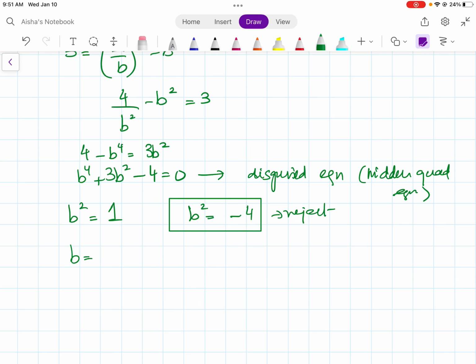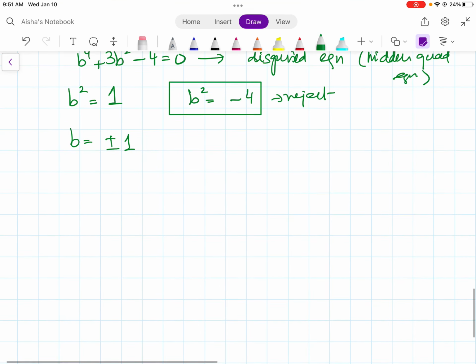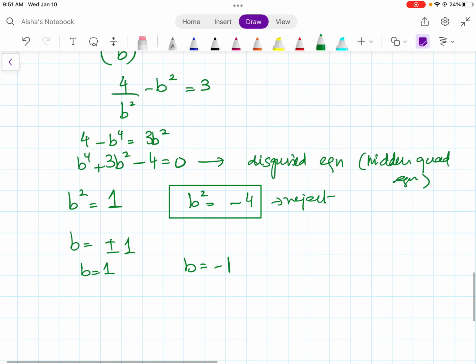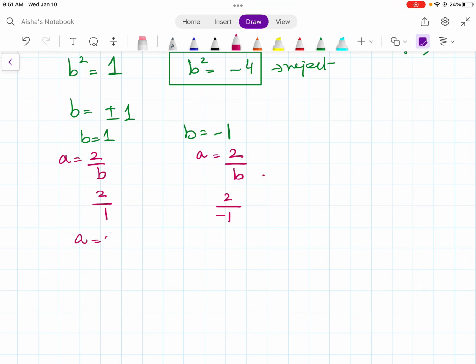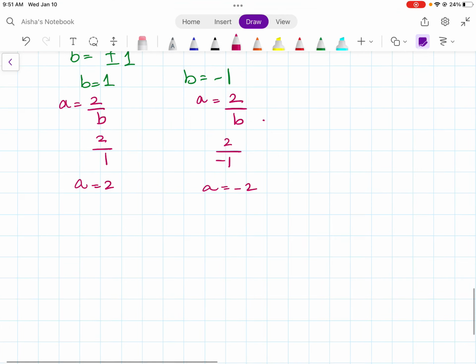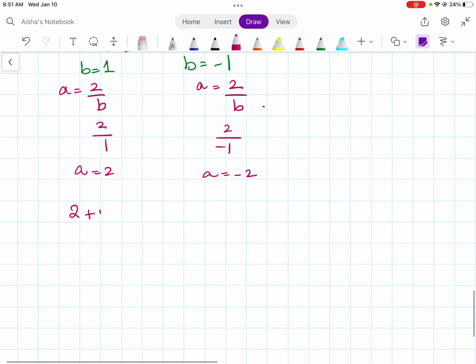B is equal to square root, plus minus 1. So b is 1 and b is minus 1. Now what is a? A is 2 upon b. 2 upon 1, 2 upon minus 1. Therefore, the square roots become 2 plus iota and minus 2 minus iota.